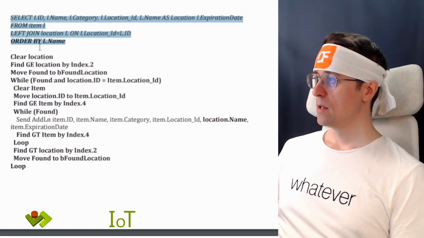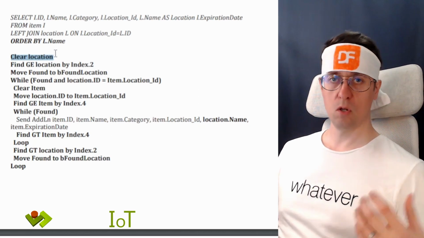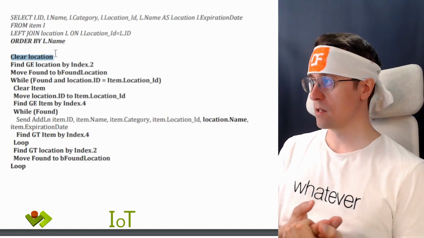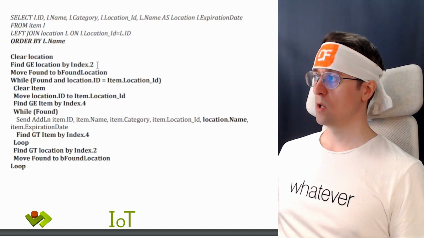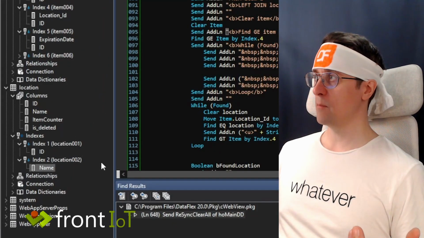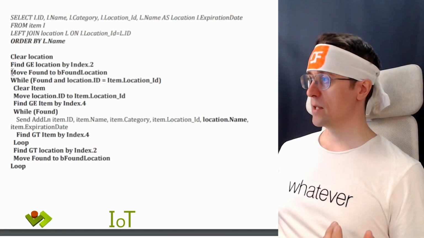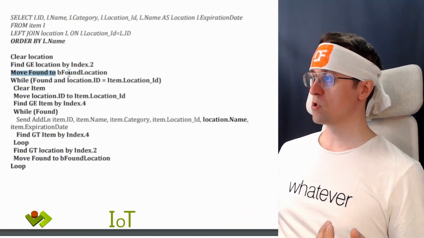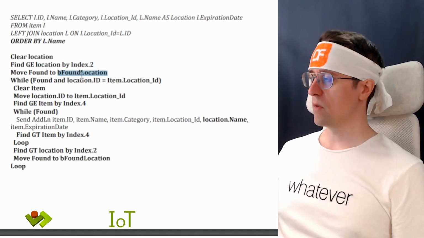Well, you start out by looking at the location in this case. So you can actually start by using the location by index 2, which is the name of the index. And in that case, we also have an additional found variable for the location variable.